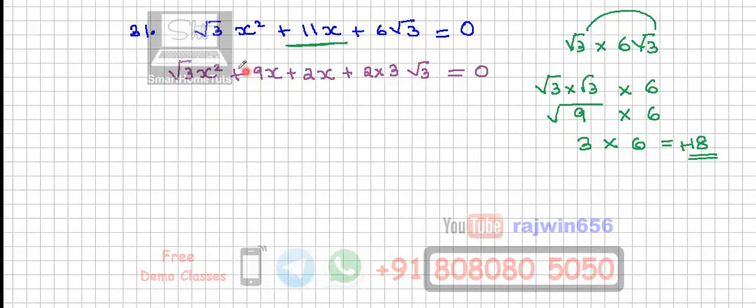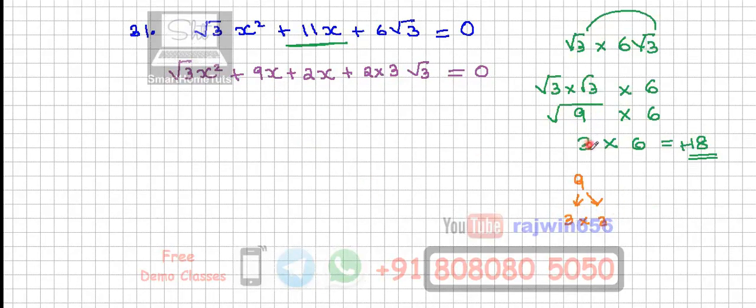Now I am going to think about this 9x. What is going to happen over here? This 9 can be written as 3 into 3.